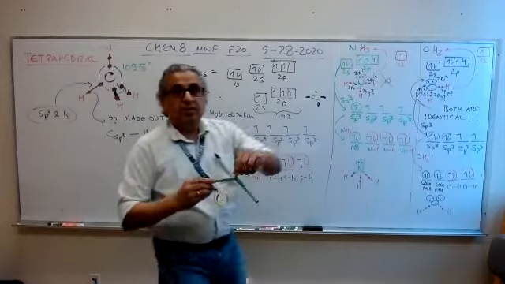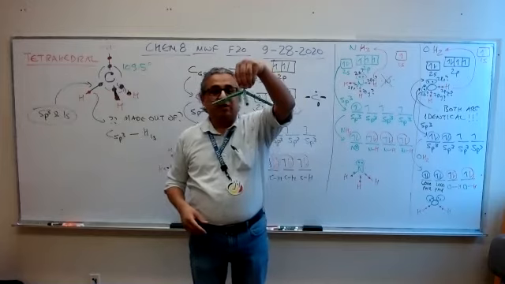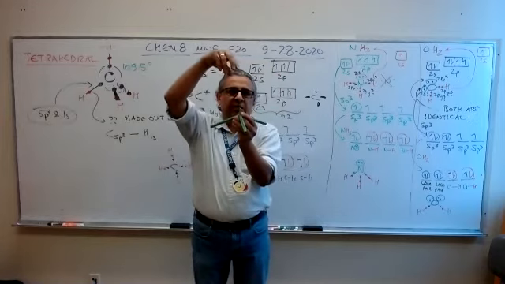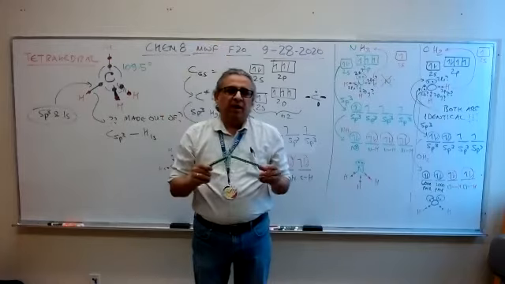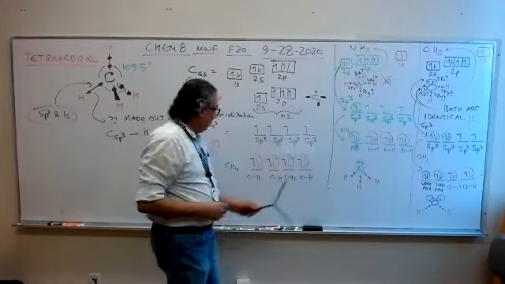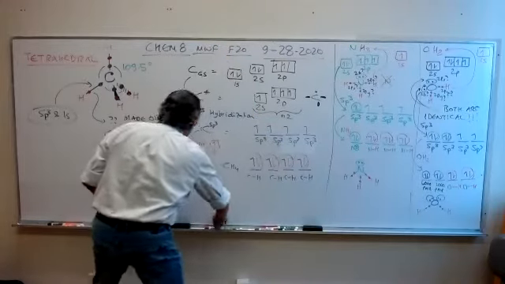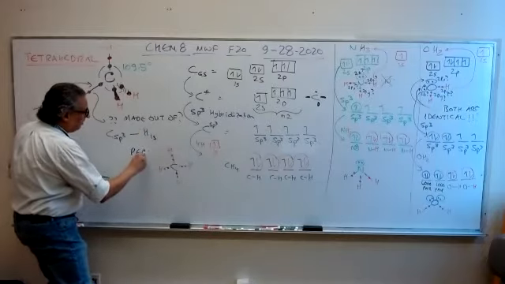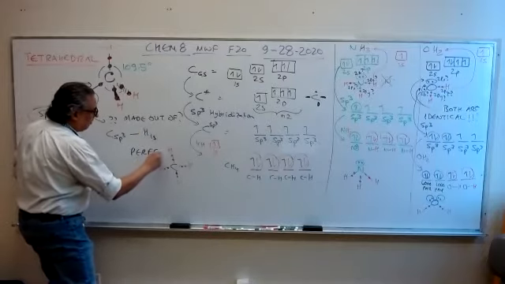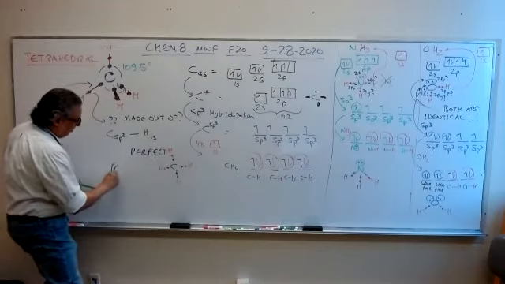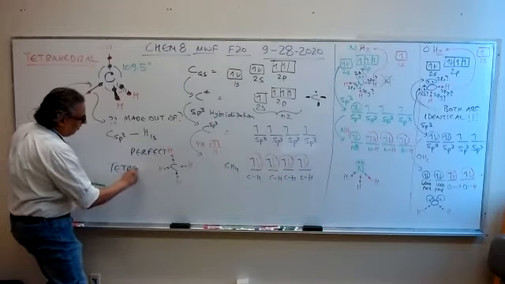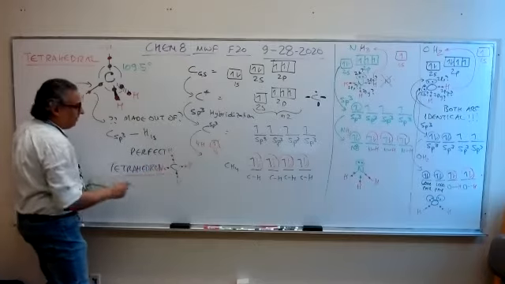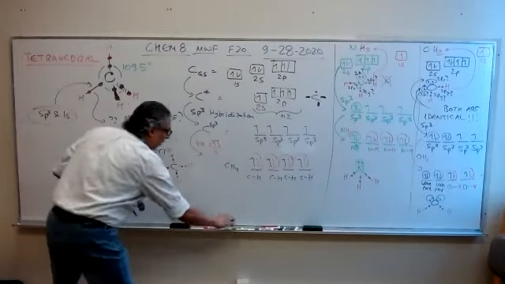Okay, all right. So this is like a tripod, and there is a lone pair. So it's kind of like a tetrahedral shape. How would you describe this shape? This is a perfect tetrahedron because there's no flaw in it.